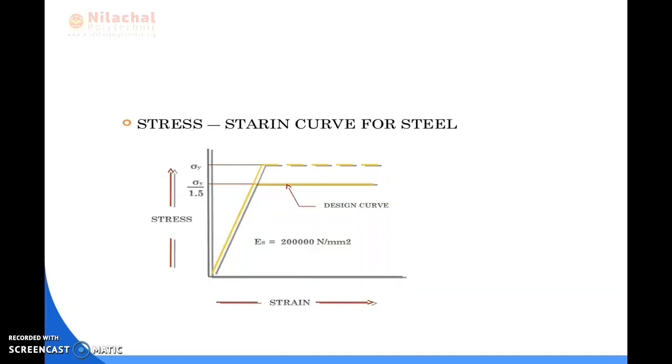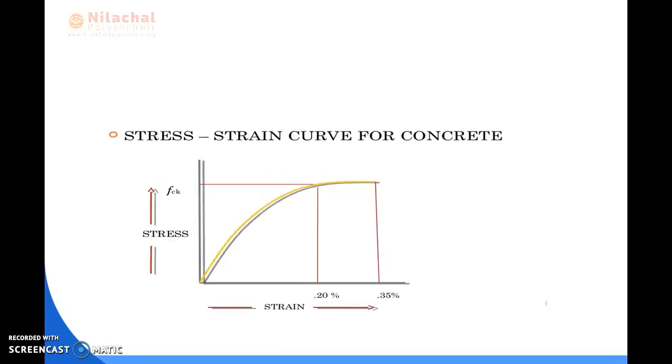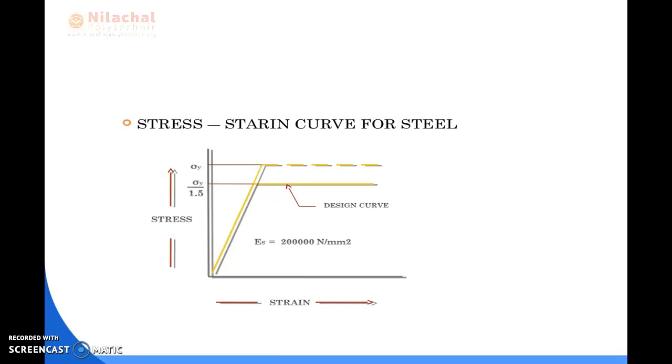Then we discuss the stress strain curve for steel. In the case of concrete the curve is curved in shape, but in the case of steel the curve is straight. Here the strain is defined on the x-axis and the stress on the y-axis.